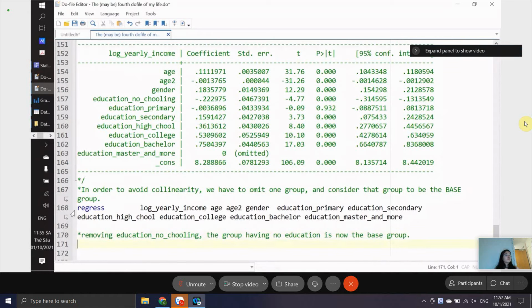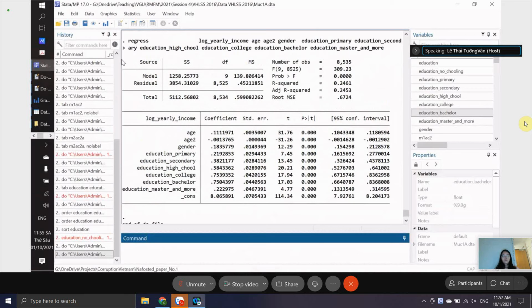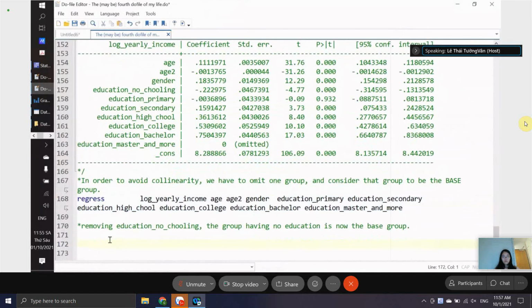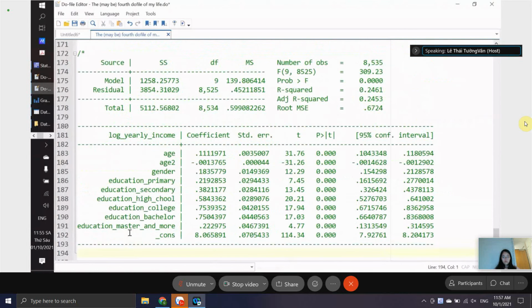Okay, now I'm running it, and this is what we would have.